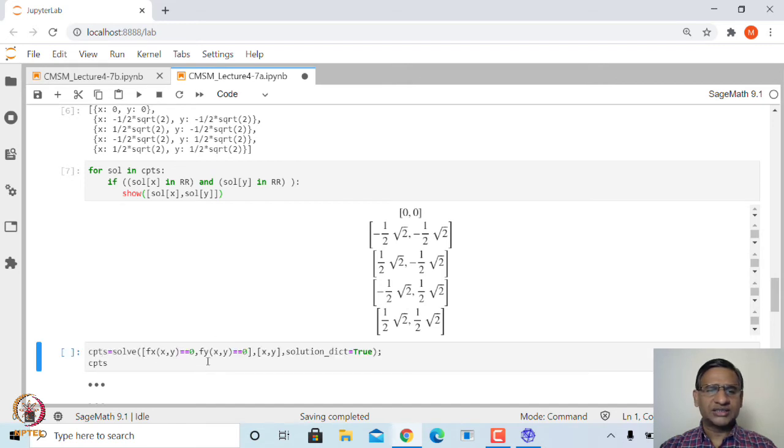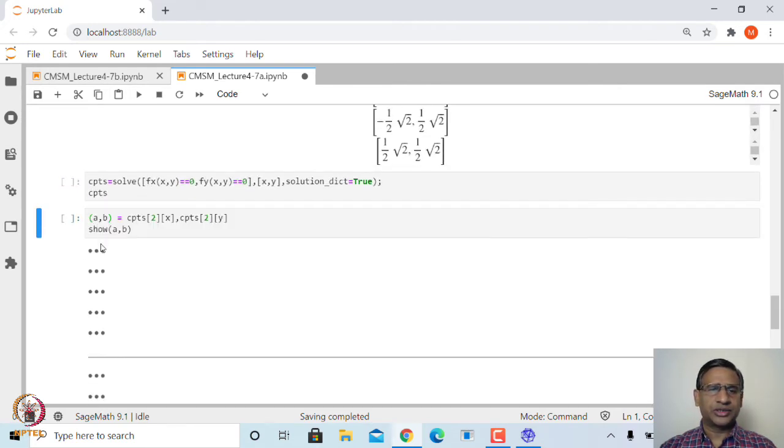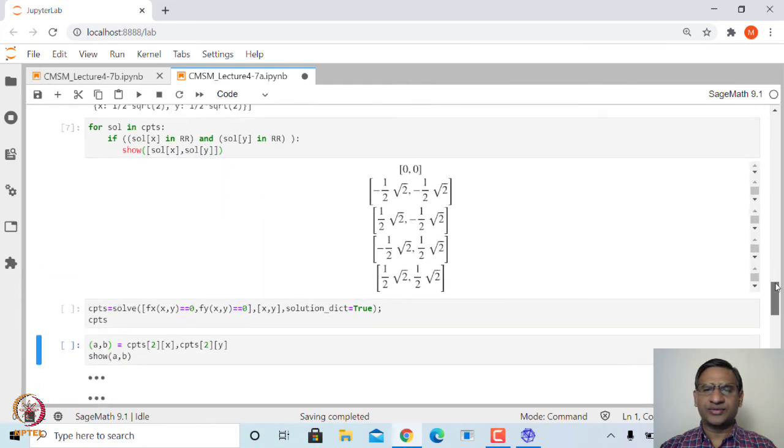Okay. Now, suppose we want to find or classify the third critical point here. The third critical point in this list is this one, square root 2, minus square root 2.